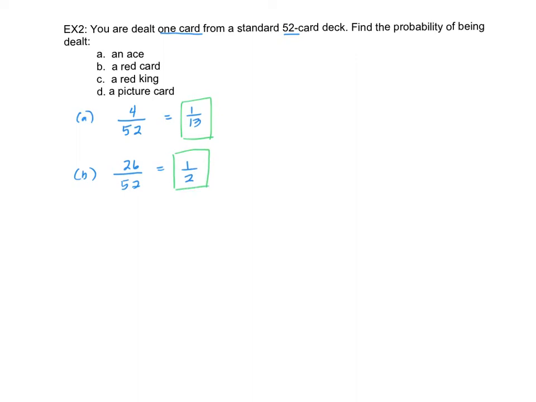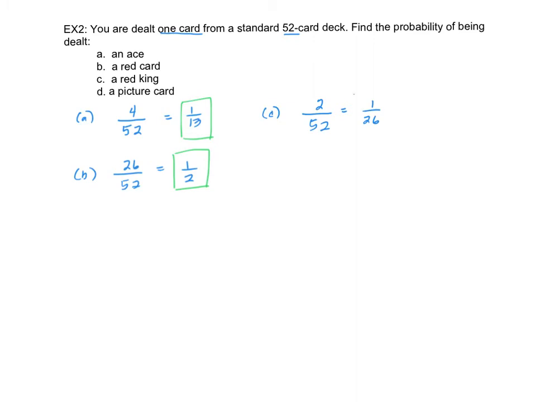Let's look at C. A red king. Again, it's a probability, 52 outcomes. How many of those are red kings? Well, there's a king of hearts and there's a king of diamonds. So there's 2 red kings in the deck of 52, which gives me a probability of 1 over 26.